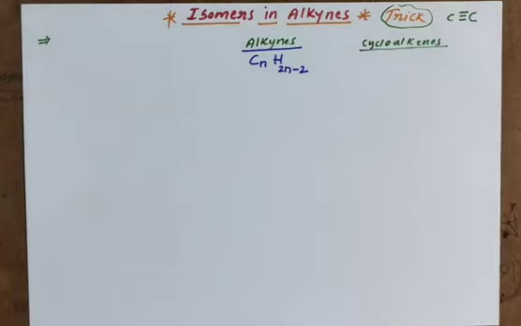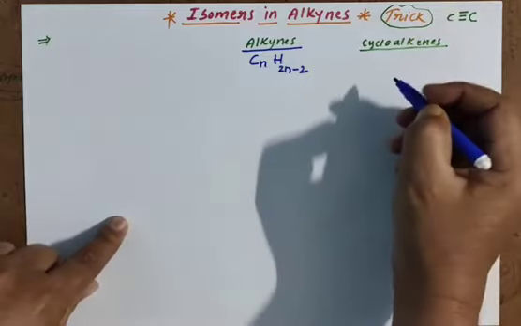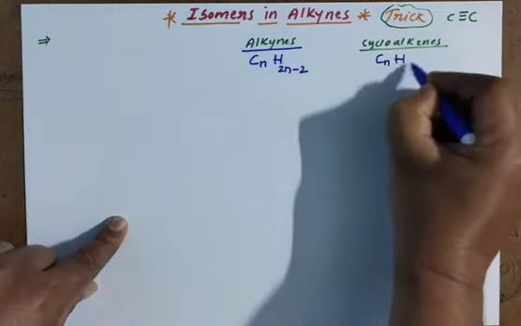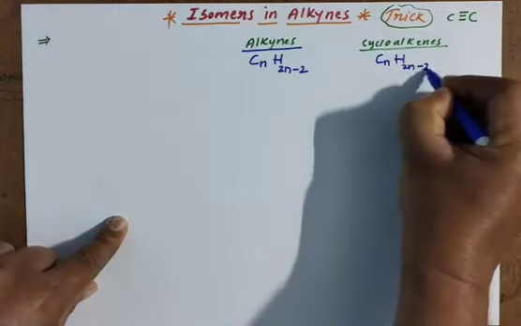Alkynes and cycloalkenes have the same general formula CnH2n-2.